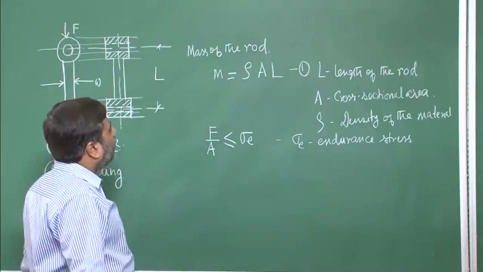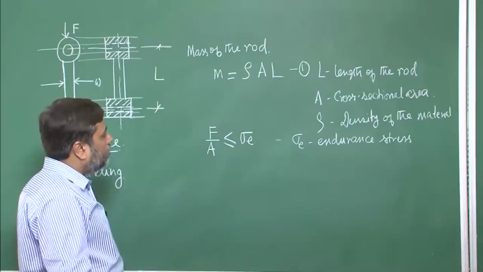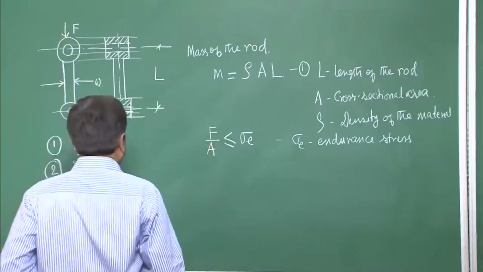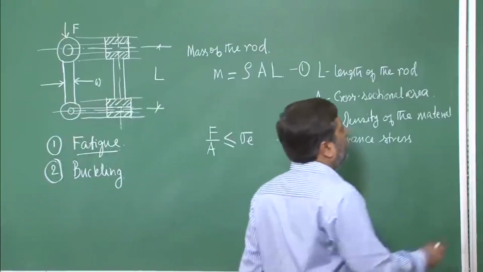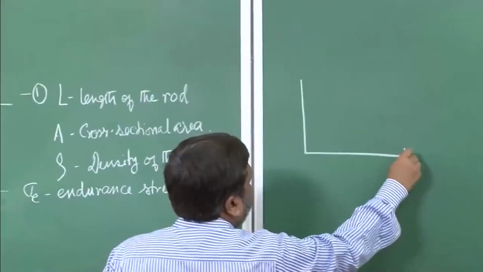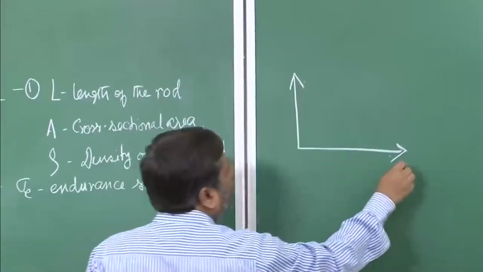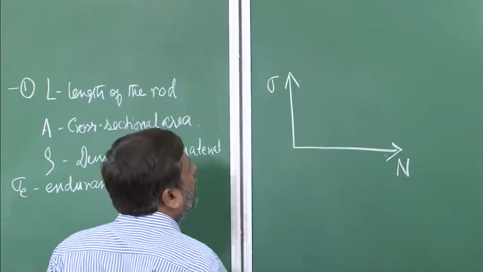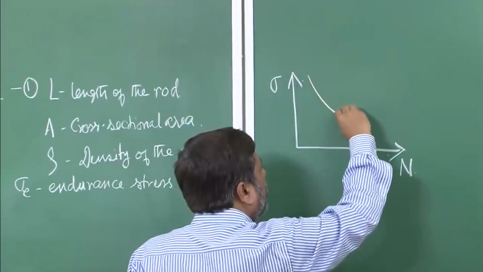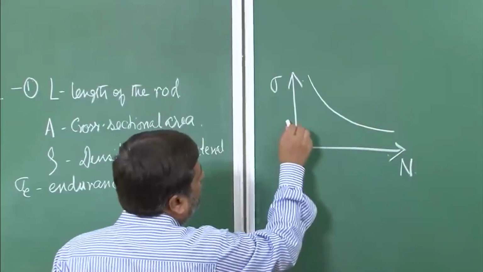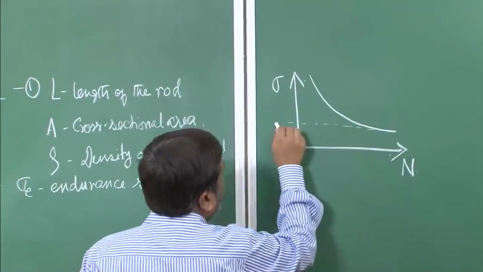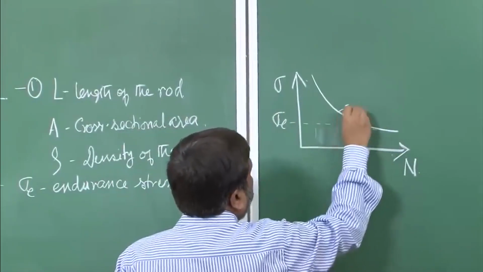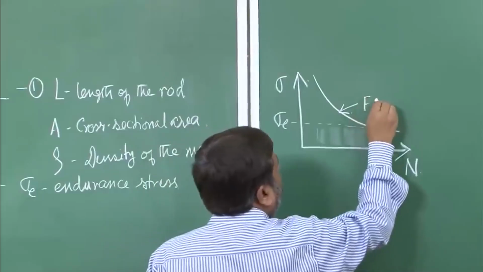As you know, there are various materials, particularly metallic elements, for which if you draw a diagram of the number of cycles versus the stress, it goes something like this, so that there is a particular stress level sigma E, below which the material remains safe, and this is the failure line, the fatigue failure.